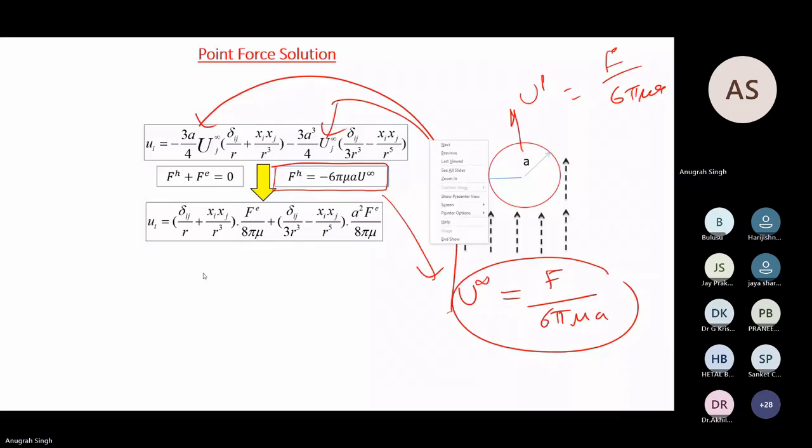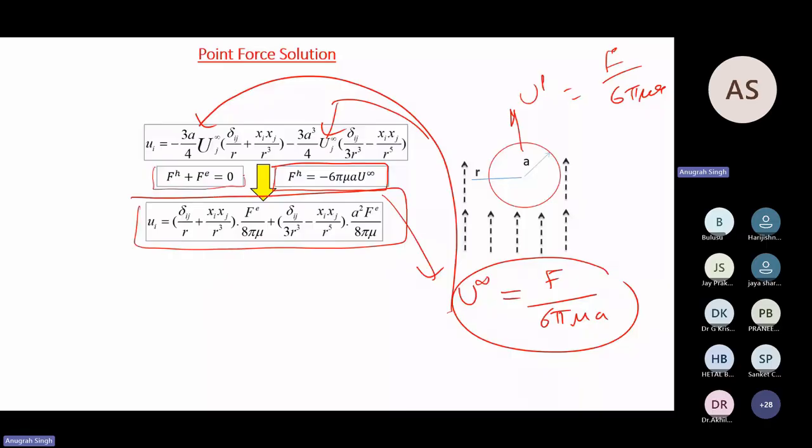It says the sum of F H plus F e. F H is hydrodynamic, F e is external. These are force-free particles, so the sum of this has to be 0. So F e is just minus F H.